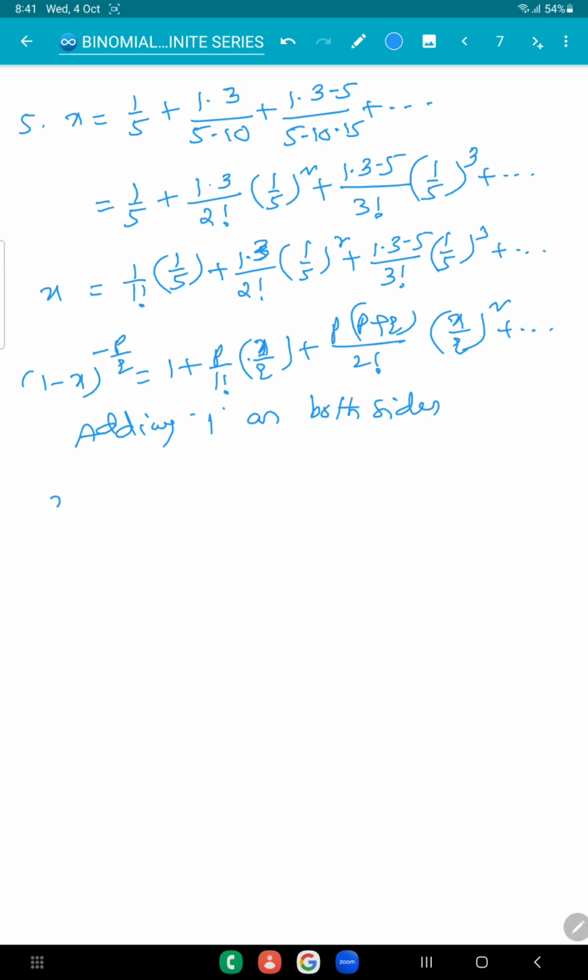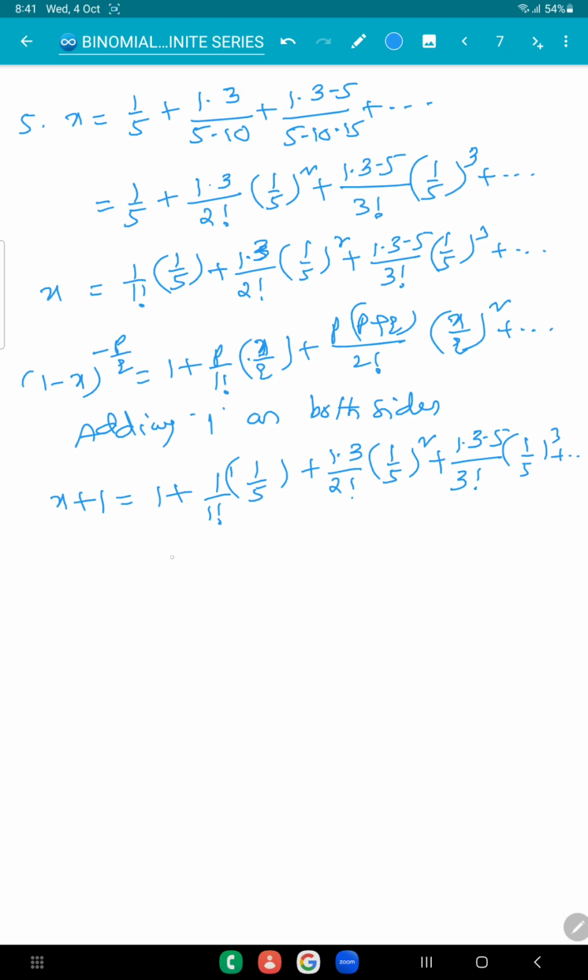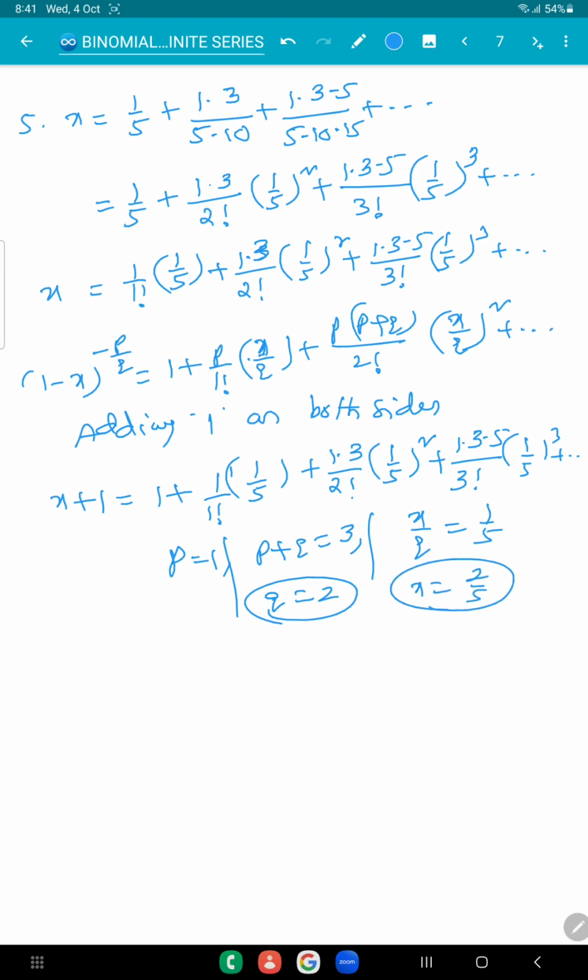What will you get? x plus 1 is equal to 1 plus 1 by 1 factorial into 1 by 5, 1 into 3 by 2 factorial into 1 by 5 whole square plus 1 into 3 into 5 by 3 factorial into 1 by 5 whole cube plus and so on. So now, p is equal to 1, p plus q is equal to 3, x by q is equal to 1 by 5. p is equal to 1 means that q is equal to 2, x is equal to 2 by 5.